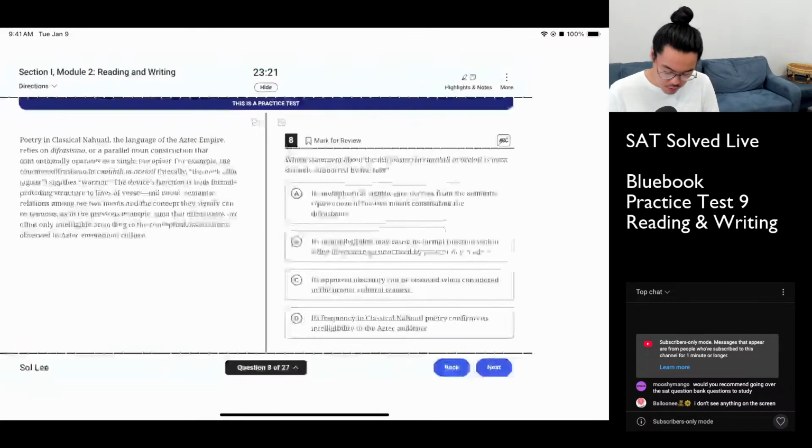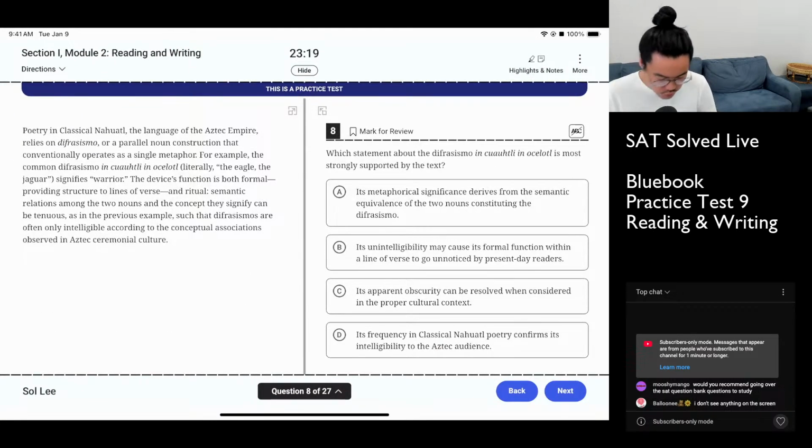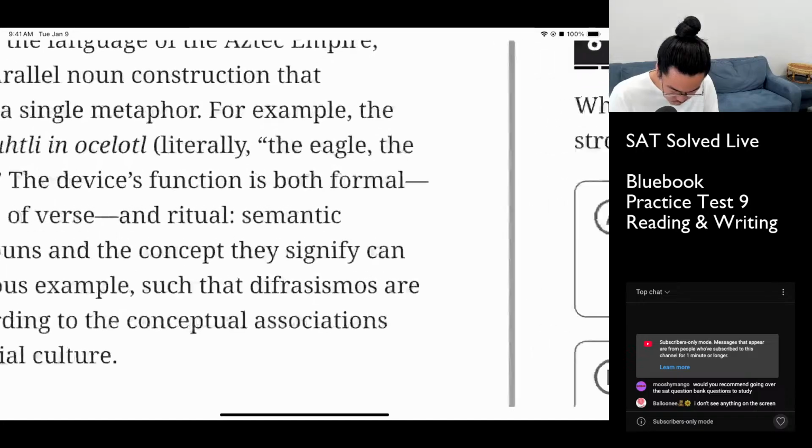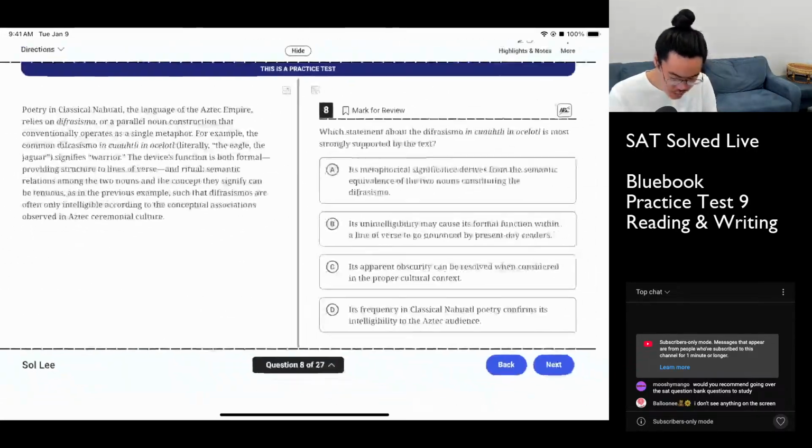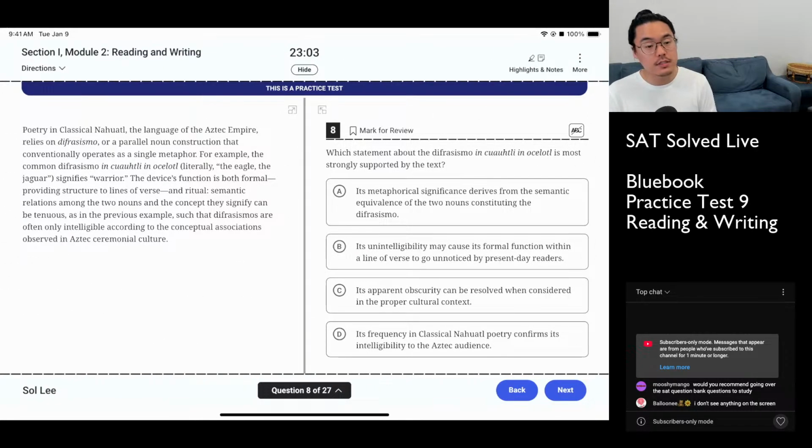Okay, cool. Most strongly supported by the text is we don't know why an eagle and a jaguar together would mean warrior, so you have to understand the culture of the Aztecs, their ceremonial culture. Their ritual and ceremonial are the same idea here. So you have to understand their ritual meanings in order to understand their actual figurative and literal meanings.